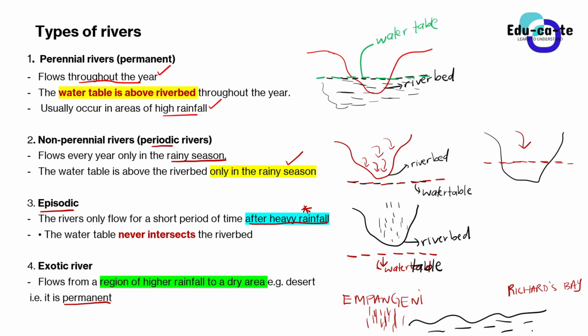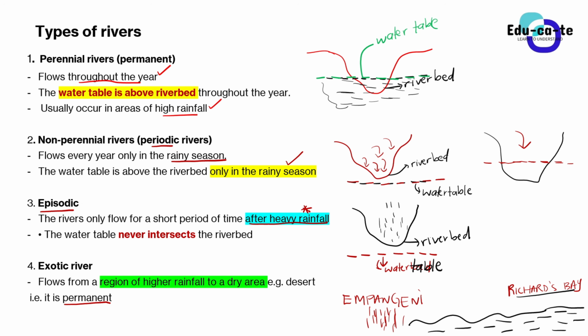So in a sense here, an exotic river is the river that is flowing from a place where there is high rainfall, and it now flows towards the areas that are dry, such as Richards Bay. So in this case, this river that we're going to find here at Richards Bay, we're going to say it is exotic because it is stealing the water from a place where there is high rainfall.